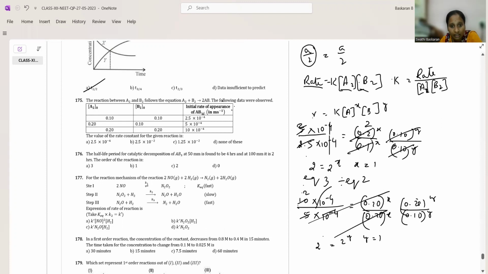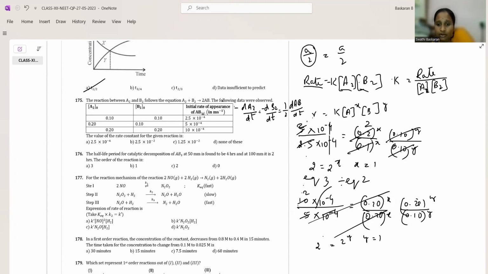That is the decrease in the concentration, dA2 by dt, is equal to minus dB2 by dt, which is equal to 1 by 2, that is plus dAB by dt. Are you able to understand? Now, what basically we are understanding is dA2 by dt is equal to minus dB2 by dt is equal to half of dAB by dt according to the differential rate equation.